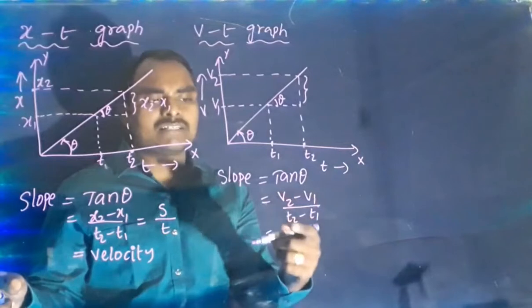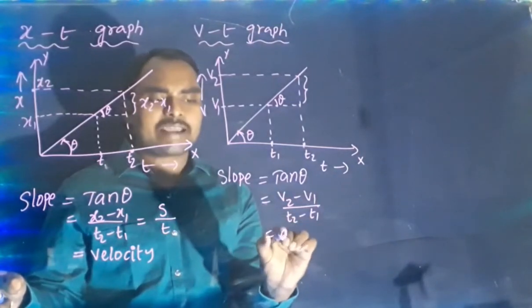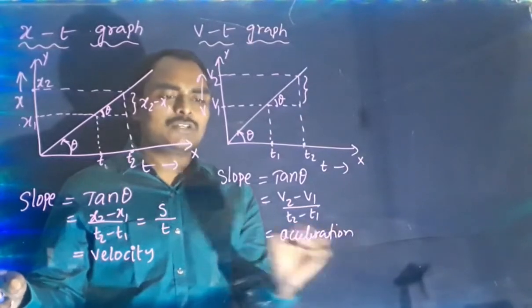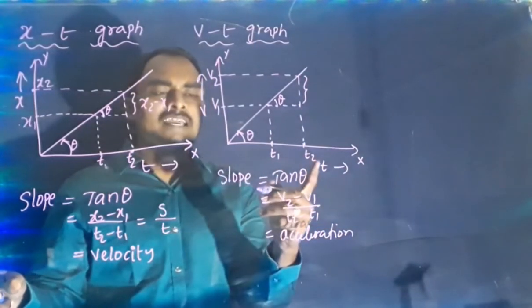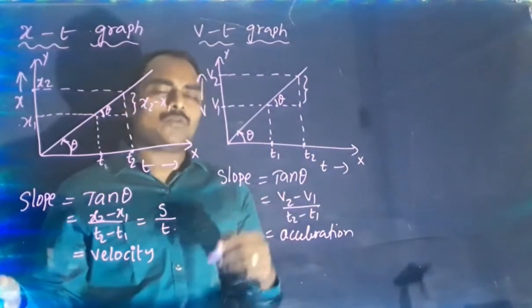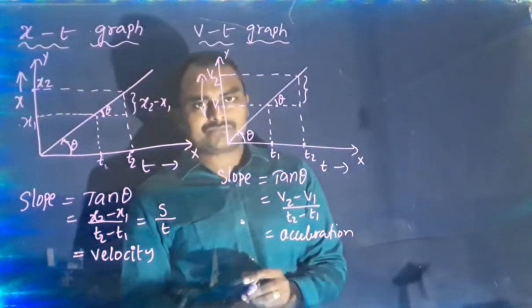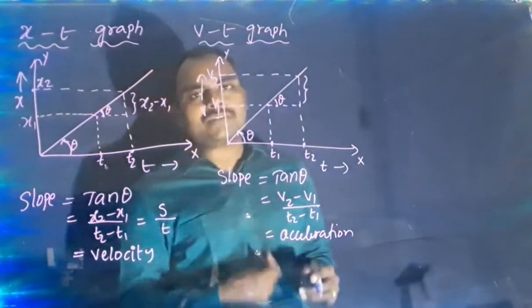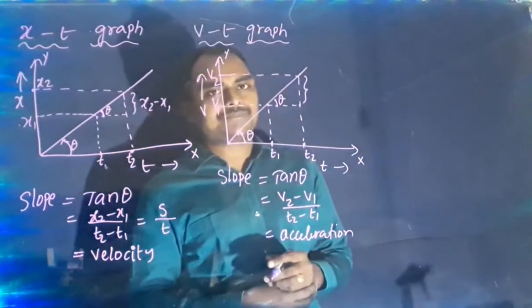This change in velocity by time interval is nothing but acceleration. So we are calculating the slope of velocity time graph and it is equal to acceleration. Then we should conclude that the slope of velocity time graph gives acceleration.